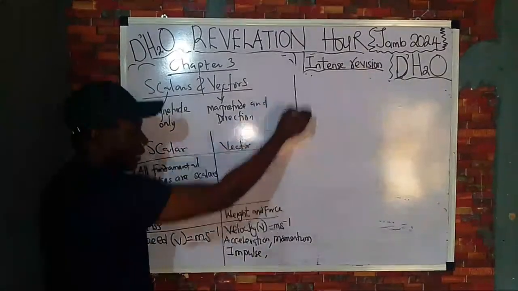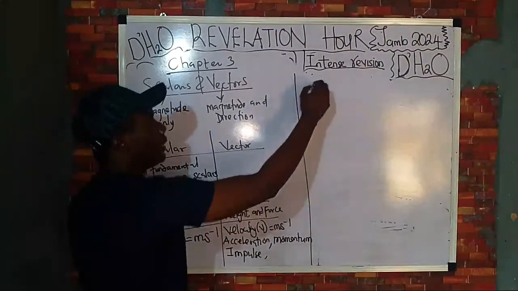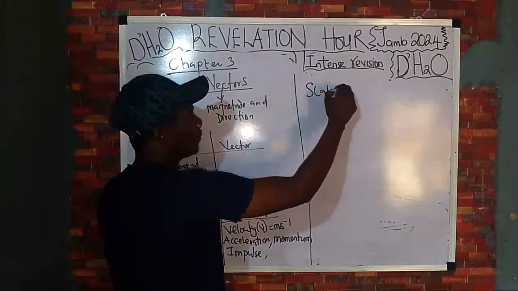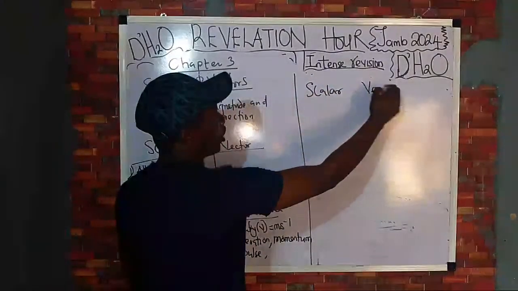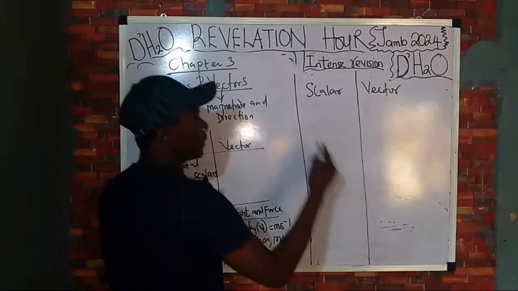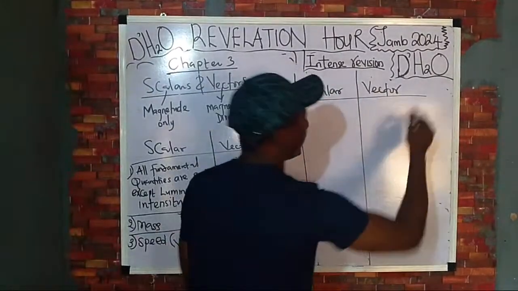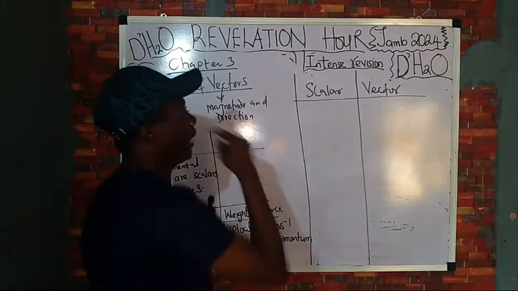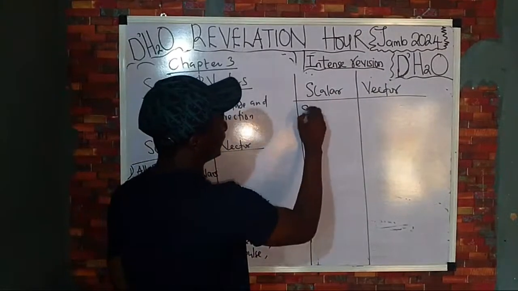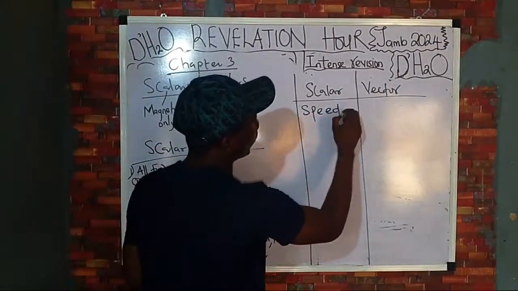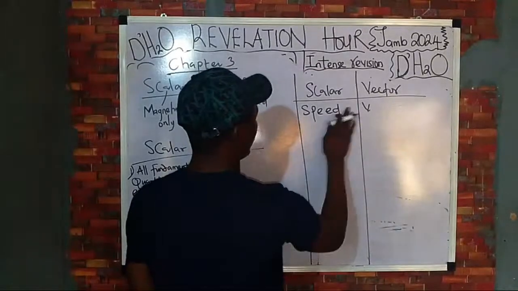Okay. Now let's continue on the other side. This is your scalar and this is your vector. If I say that there is speed here, there will be what? Yeah, velocity. Okay, we've done that.